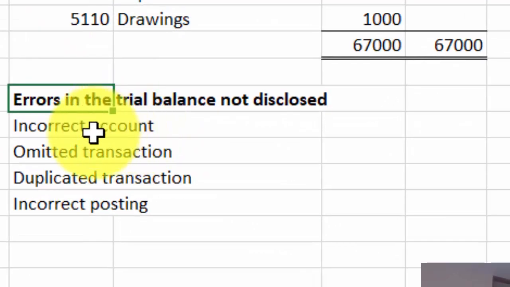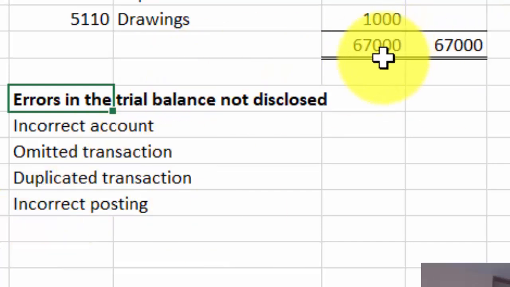Here's a list of the errors that won't be disclosed, but the balances will be the same. The one entry I didn't talk about before is that I could have a total stuff up and have an incorrect posting, but as long as I've got the debit and credit working, then the balance will be the same, but obviously the balance itself would be incorrect.